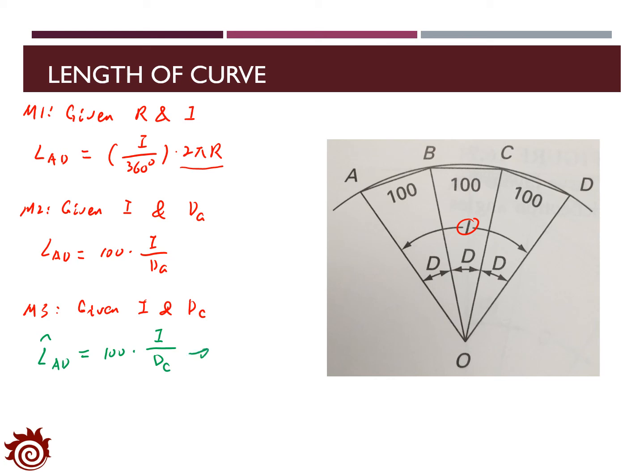And this is just an approximation of the true curve length. In most cases, the approximation is less than the true length. So those are the three fundamental methods for us to estimate the length of the curve, and we will apply them in the future for horizontal curve estimation.